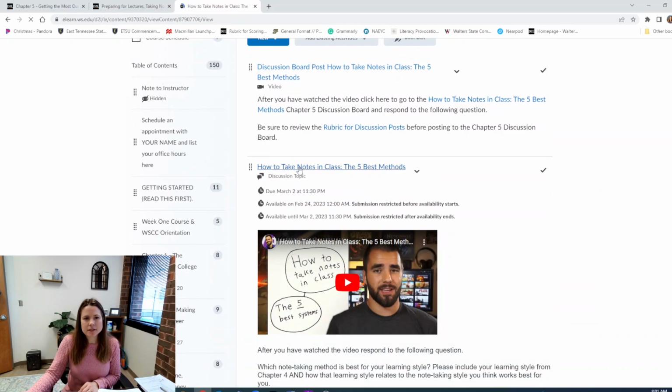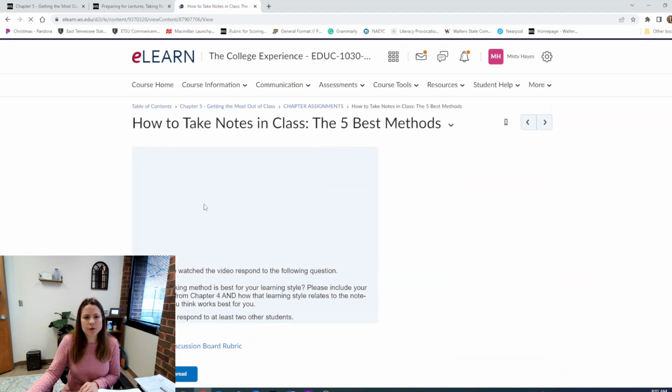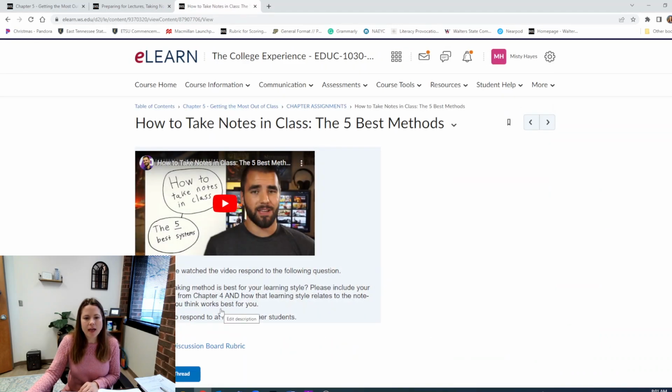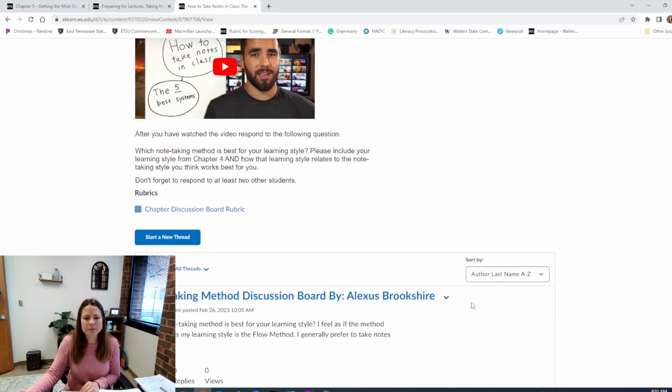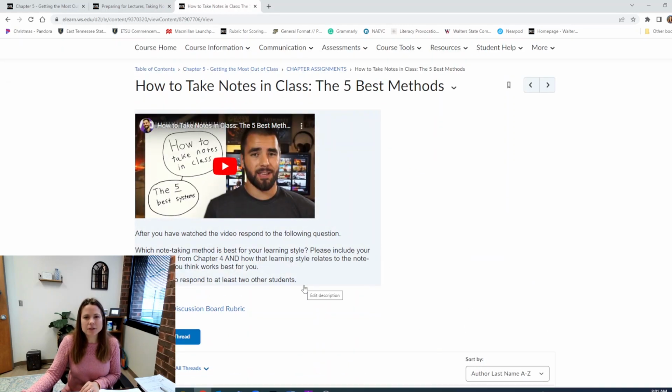So when you click on the discussion board, the prompt is there for you. And then below is the rubric. So always try to look at the rubric twice. Look at it for the first time to see what I'm expecting, and the second time to make sure when you're completed the assignment or the discussion to make sure that you have everything that I asked you to put in there. And then respond to at least 2 other peers.